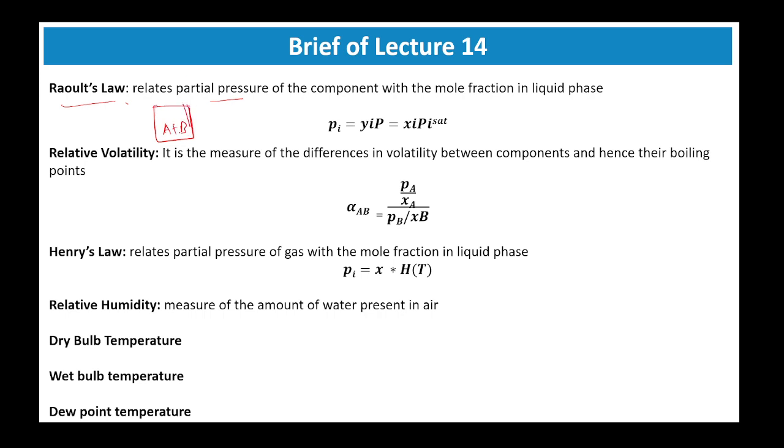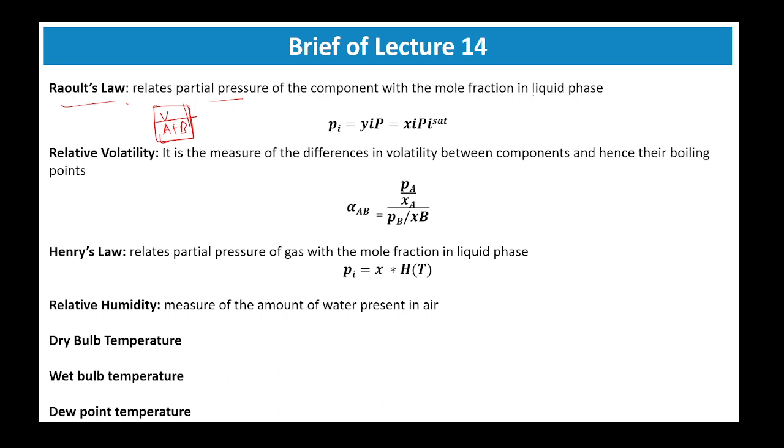Now there is both liquid and vapor. So all this is about the equilibrium process. There are various laws which represent the equilibrium process and help find process variables based on that equilibrium condition. So there is one law for a liquid and vapor system with multiple components.